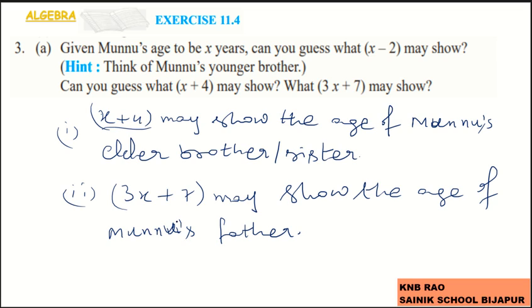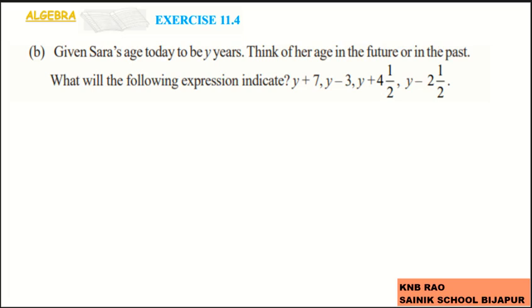Next, coming to the sub question B, given Sarah's age today to be y years. So here I can say this is a variable to be y years. Think of her age in the future or in the past. What will the following expressions indicate? So y plus 7, will it indicate future? Obviously.